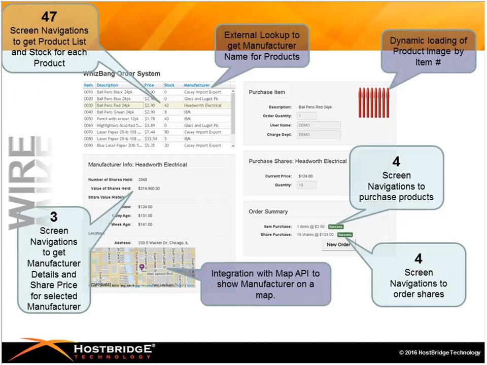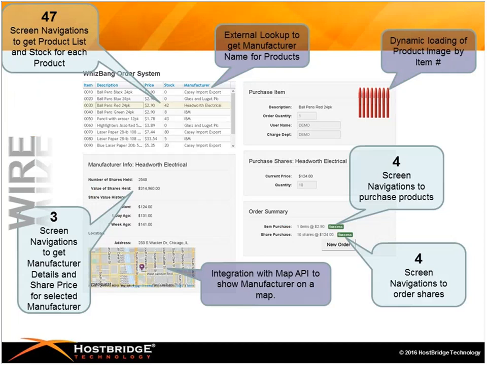Just to give you some numbers, I've got a slide here that shows how many screen navigations were done to generate the screens that we created here. Basically, to populate the grid, we did 47 screen navigations because we had to pull all the items and then drill into each item to grab the stock. We did 3 more to get the manufacturer details from the stock trader application.